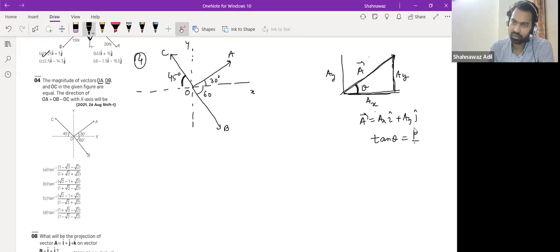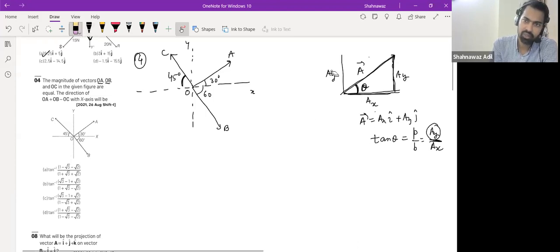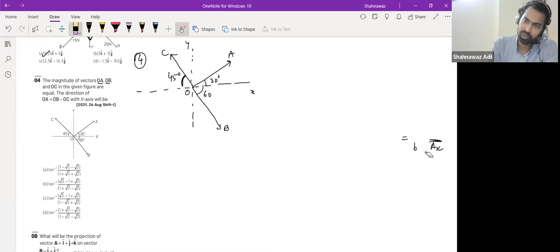Perpendicular by base, which is ay by ax. So whenever the x and y components are given and they want us to calculate theta, you just divide the y component by the x component. We will come to this point later.